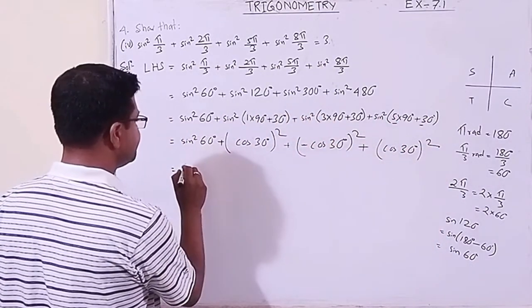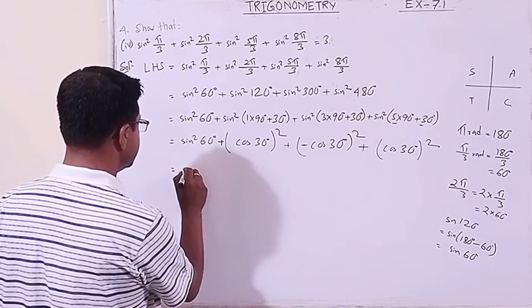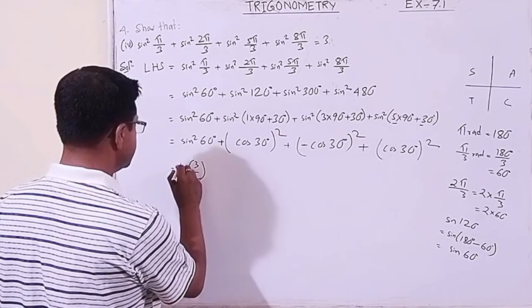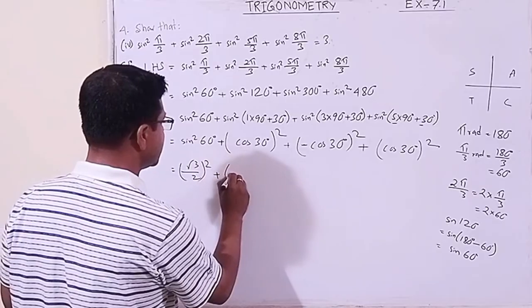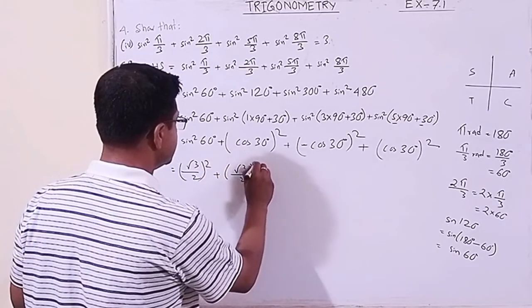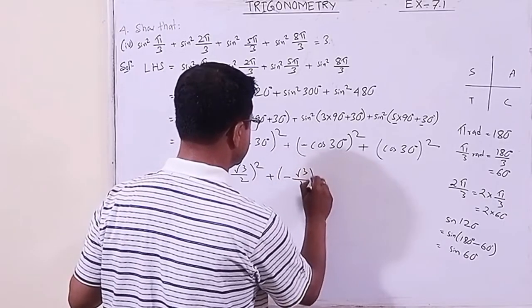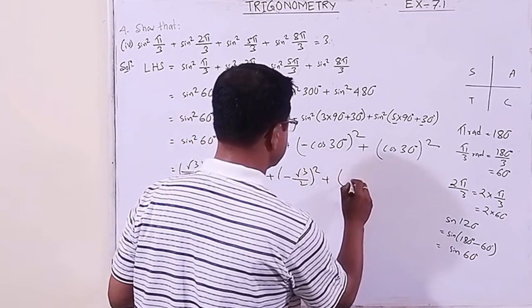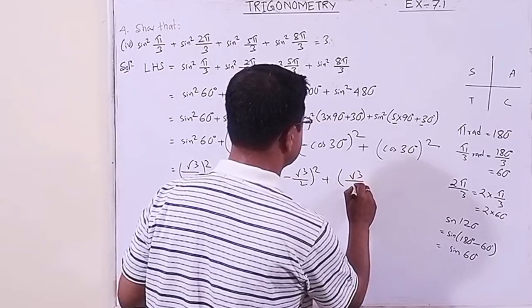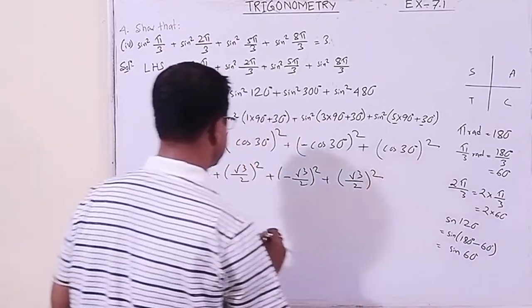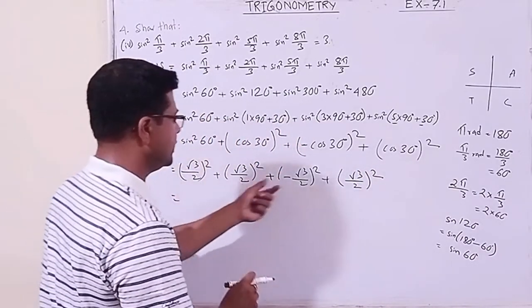Now sine 60 is root 3 by 2 squared, cos 30 is root 3 by 2 squared, cos 30 root 3 by 2 squared, cos 30 root 3 by 2 squared. So how many root 3 by 2?